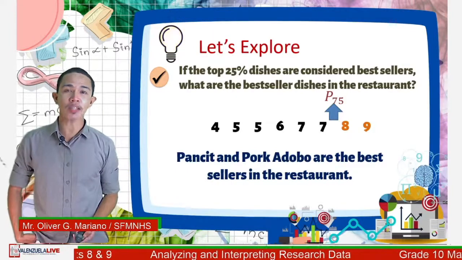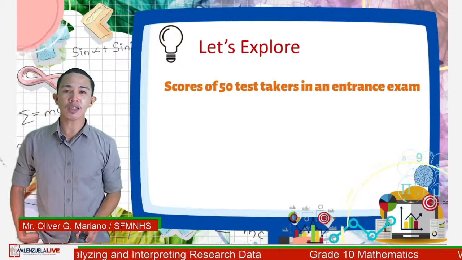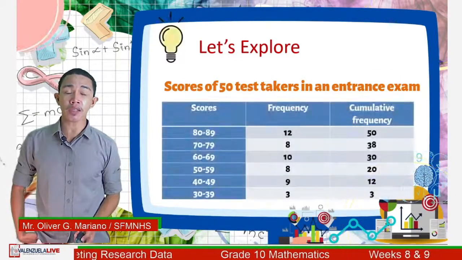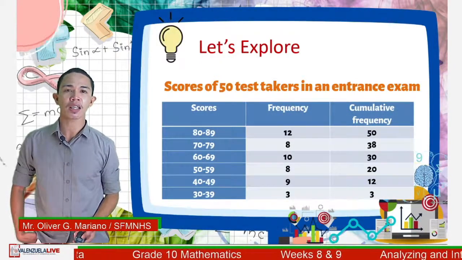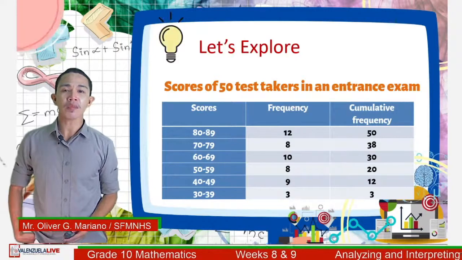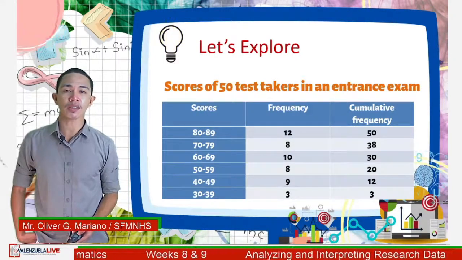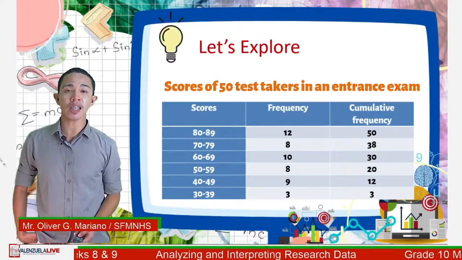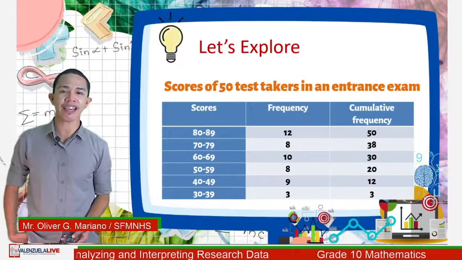Let's now proceed to another example. Let's consider the situation wherein we are given the scores of 50 test takers in an entrance exam. So we have here the following ranges of scores. For 30 to 39, the frequency is 3. For 40 to 49, we have 9. For 50 to 59, we have 8.